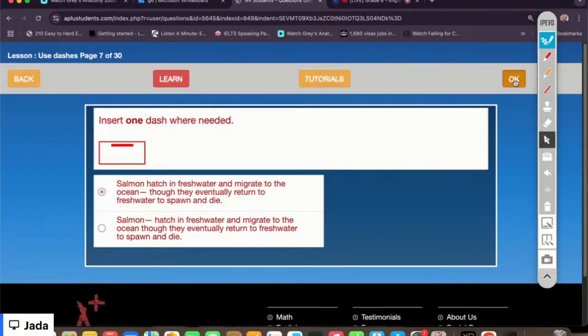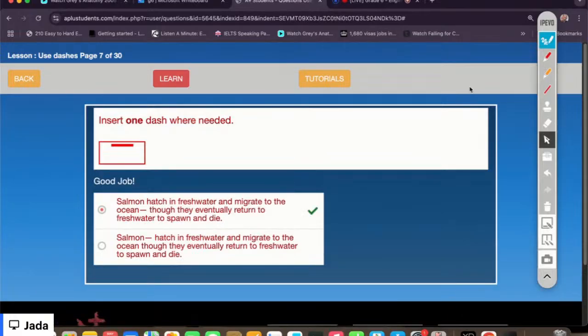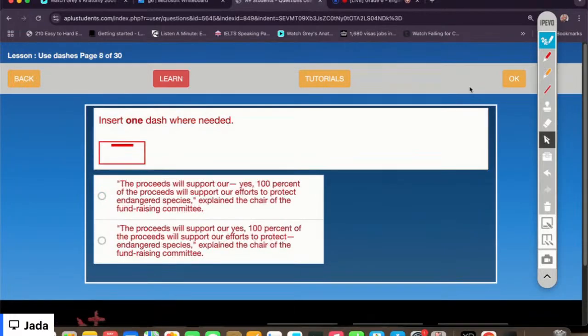So we have what? The first. Okay. The proceeds will support our, yes, 100% of the proceeds will support our effort to protect endangered species, explained the chair of the fundraising committee.